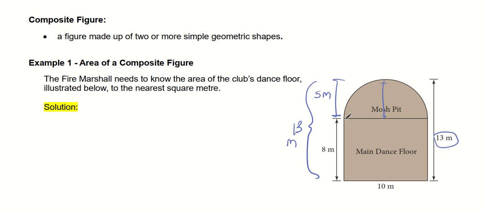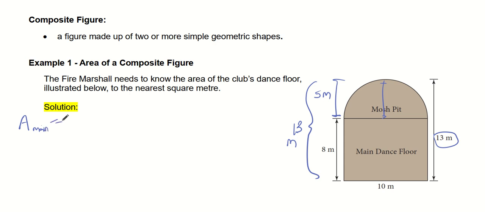Okay, so again, there's two shapes, so we might as well find the area of both shapes. What I like to do is use A for area, and then in subscript, write the description of the area. So I'm just going to say main, and that's small, main.